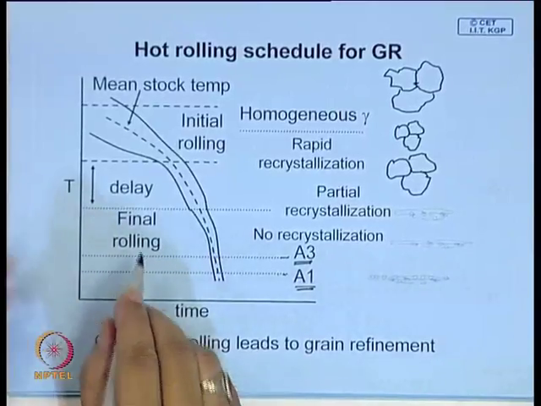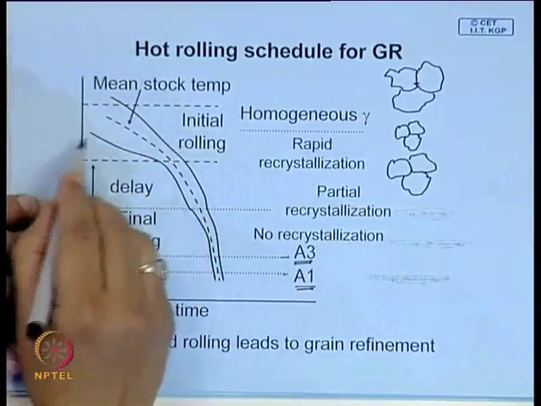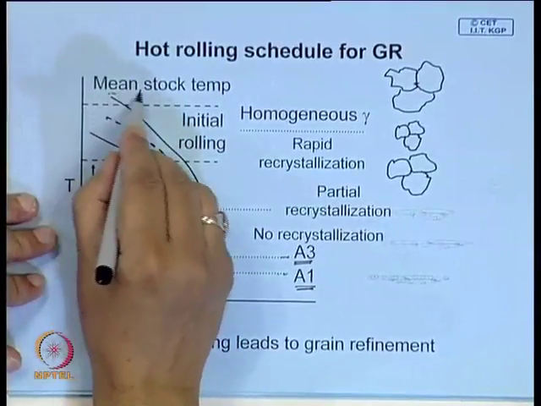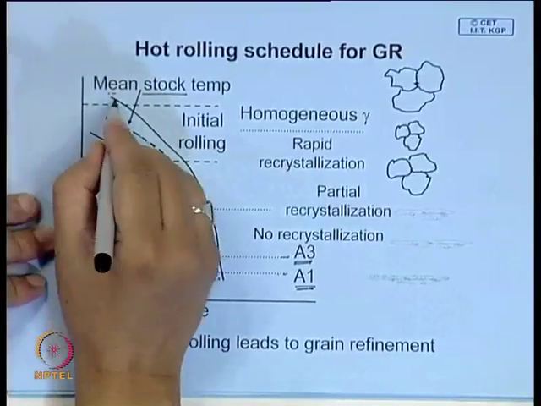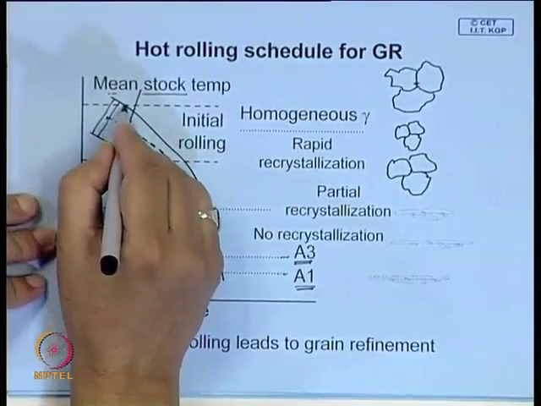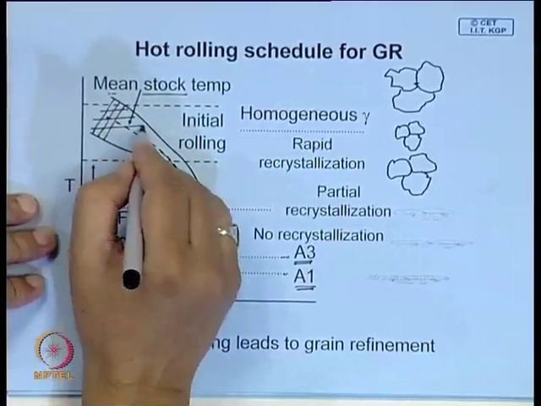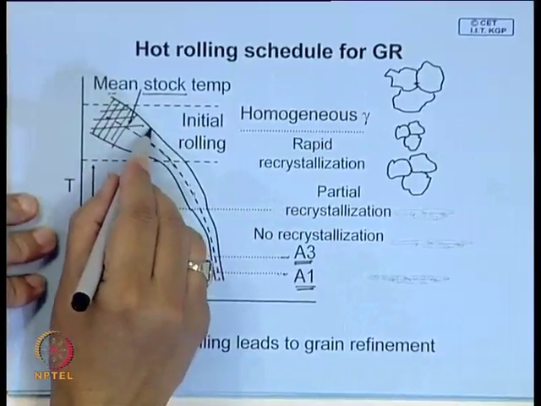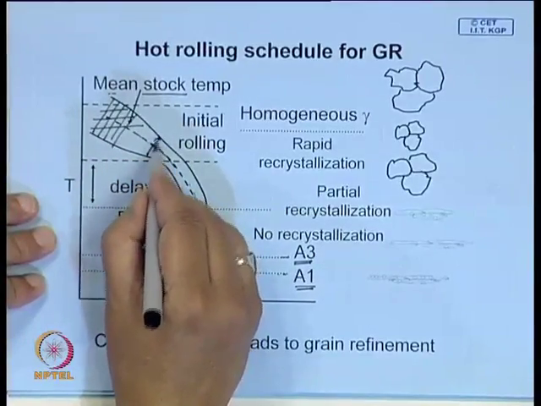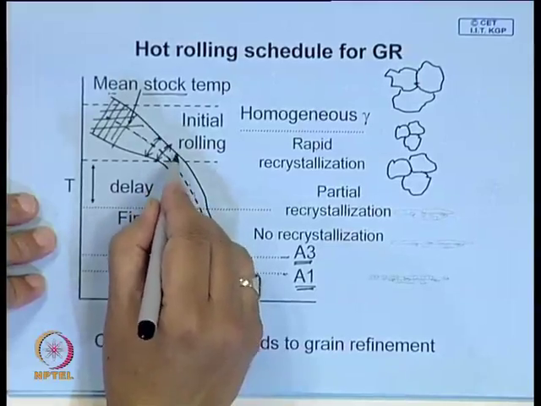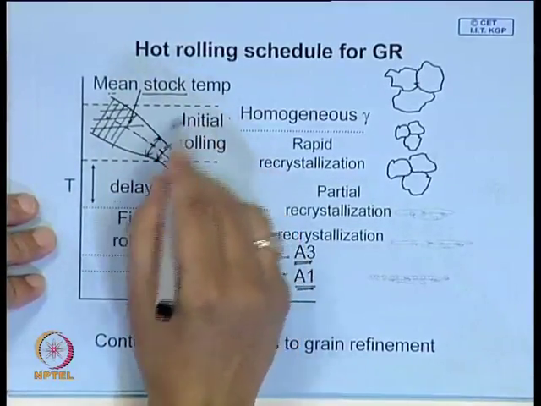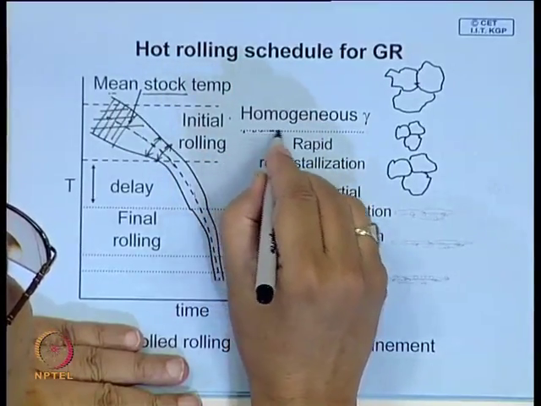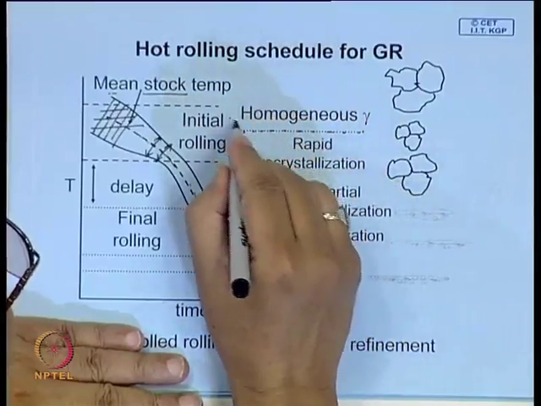Now, suppose we are giving reduction to a stock, and this dotted line represents the mean stock temperature, and initially this length represents the initial stock size, and here the stock thickness is gradually decreasing. So, this is the temperature range where you give the initial rolling. And here it is also shown, these are the critical temperatures above which you have homogeneous austenite.